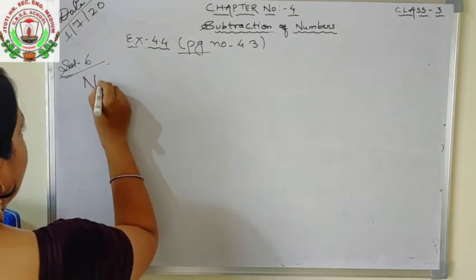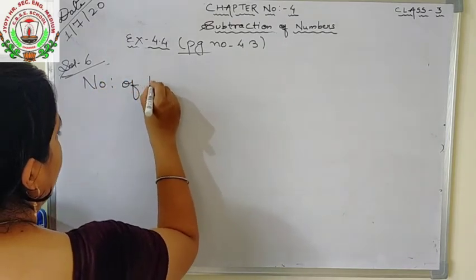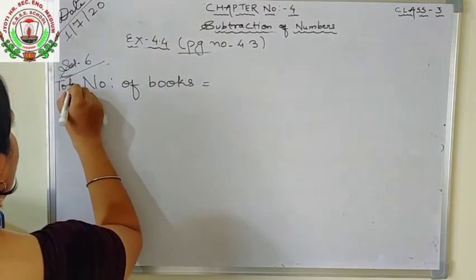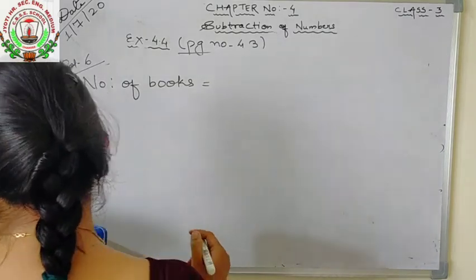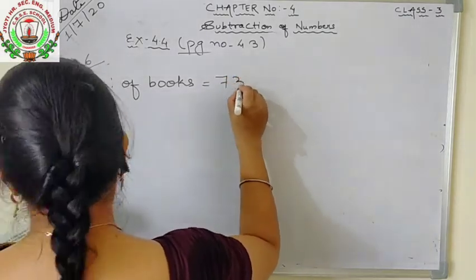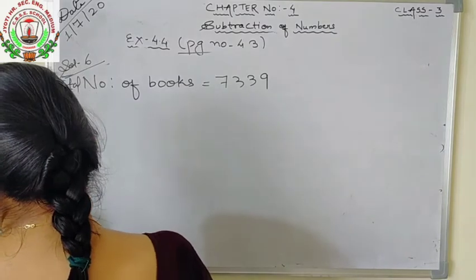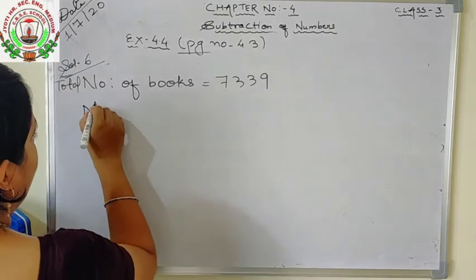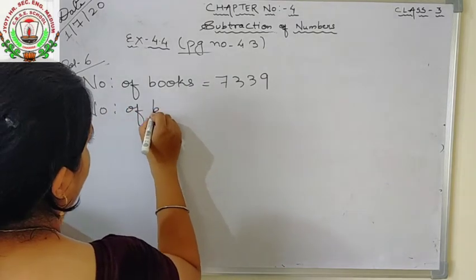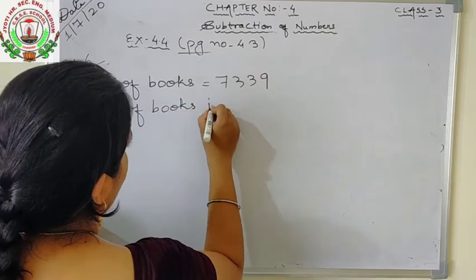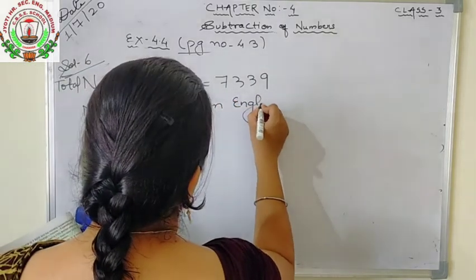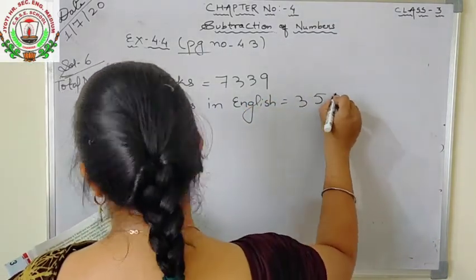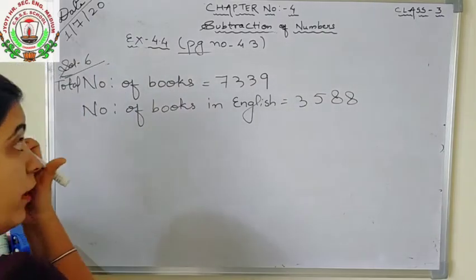So we will write total number of books. Total number of books are 7,339. Number of books in English language. How many books are there in English? 3,588. What you have to find out?